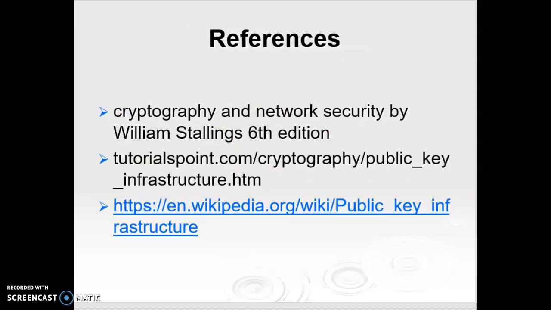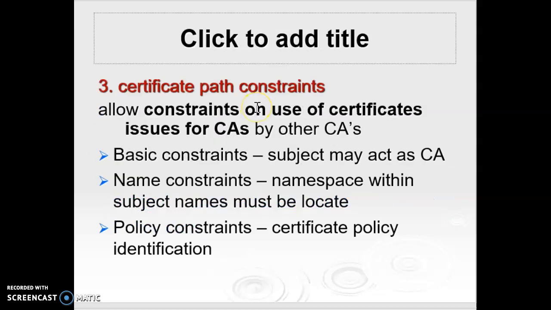Now the third group of extension fields is related to certification path constraints. The path constraints allow constraints on the use of a certificate issued for a CA by another CA. So in the case of cross certification, constraint specifications are provided for a certificate issued for a CA by another CA.